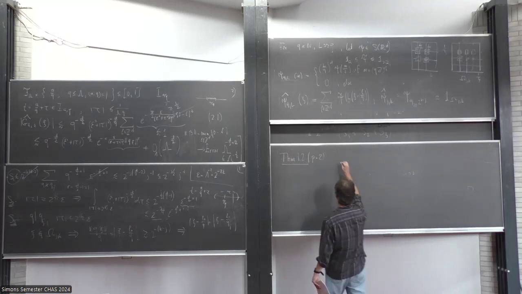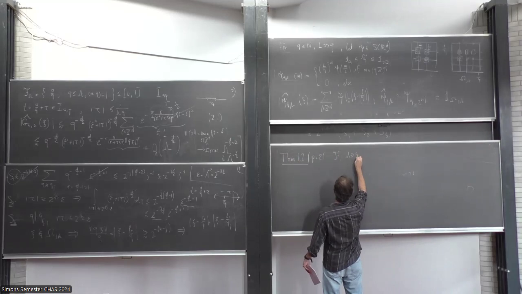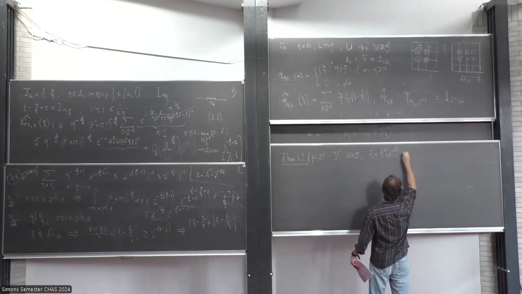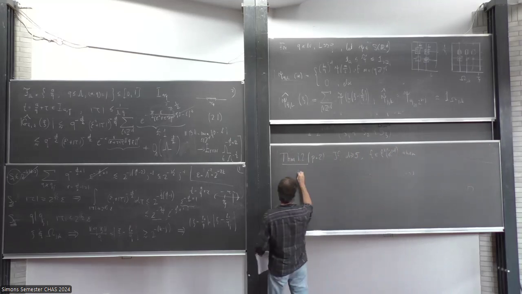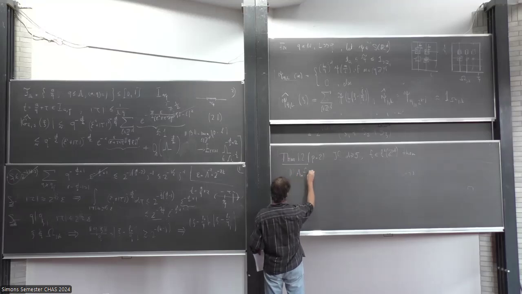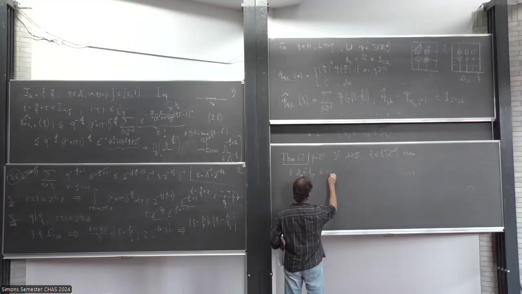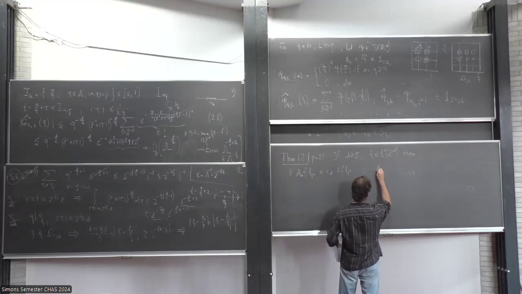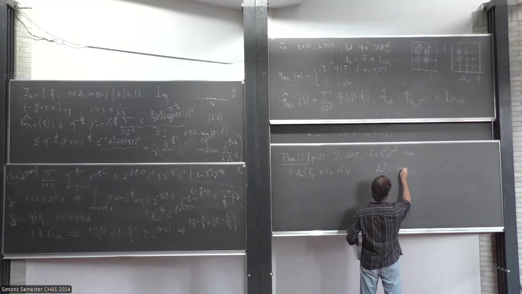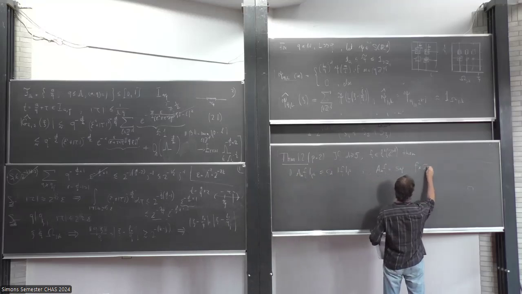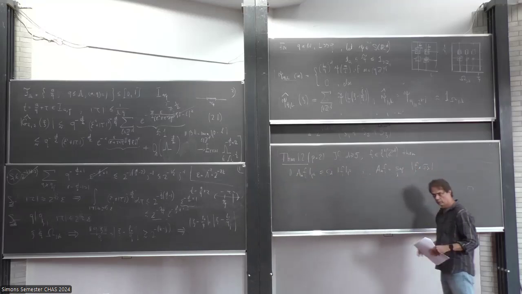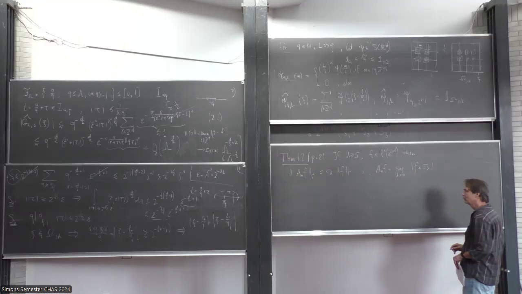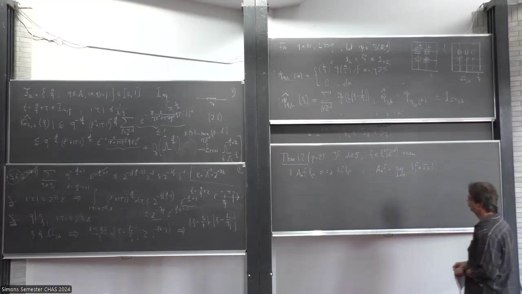Basically, it says that if d is bigger than or equal to 5, f is in l2 of Z to the d, then the discrete spherical maximal operator applied to f, its L2 norm is bounded by a constant times the L2 norm of f, where a star f is the supremum of f convolved with sigma lambda, for all positive lambda, of course, for which lambda squared is an integer. So that's what we want to prove.